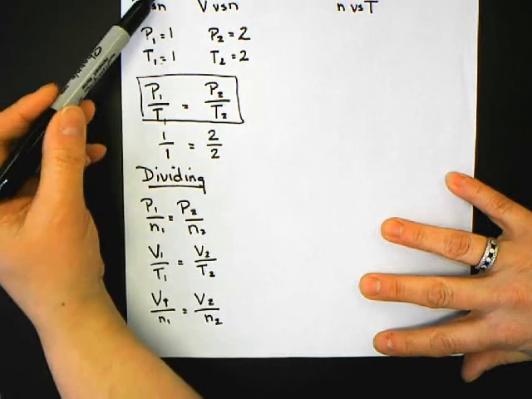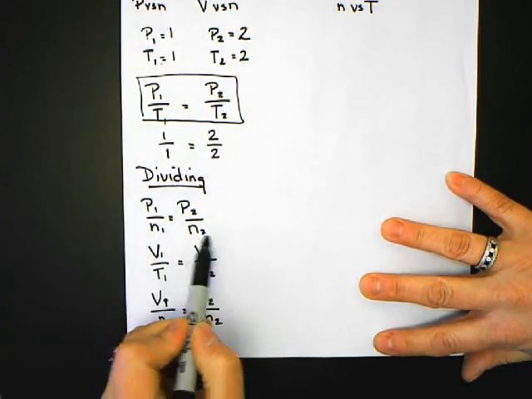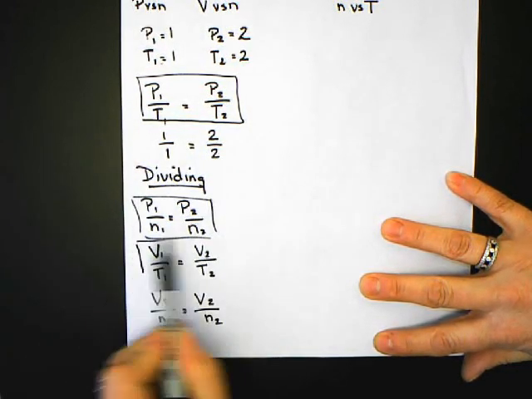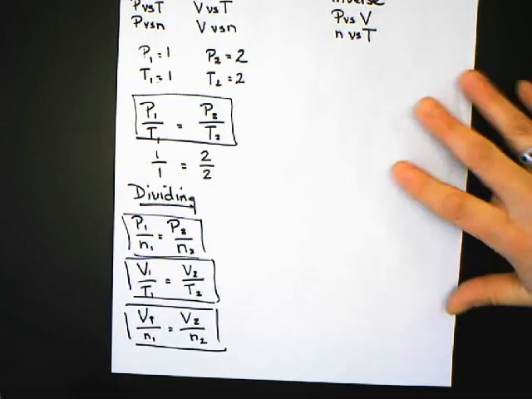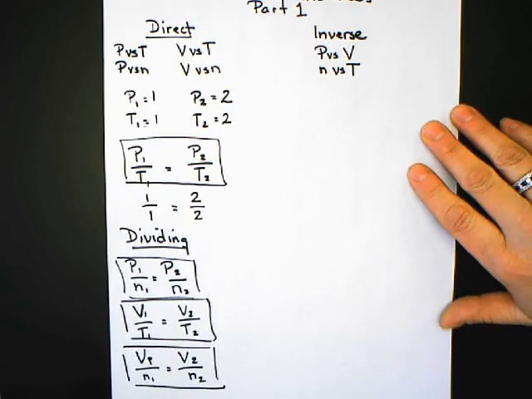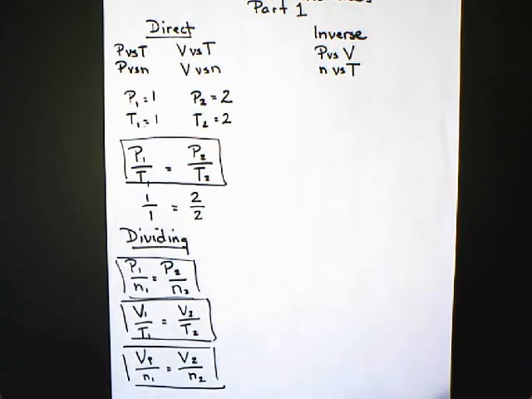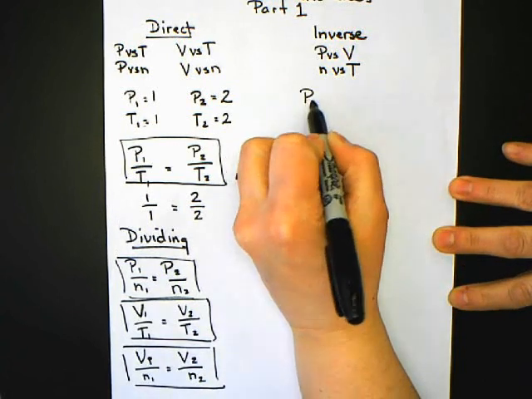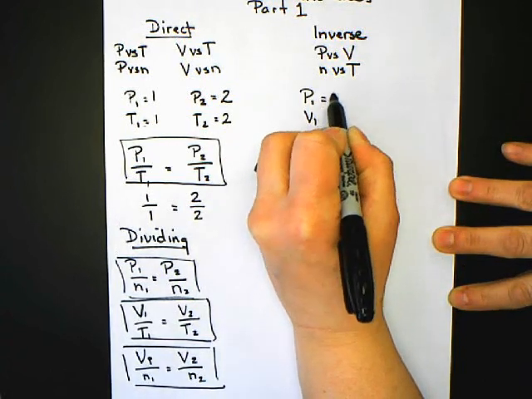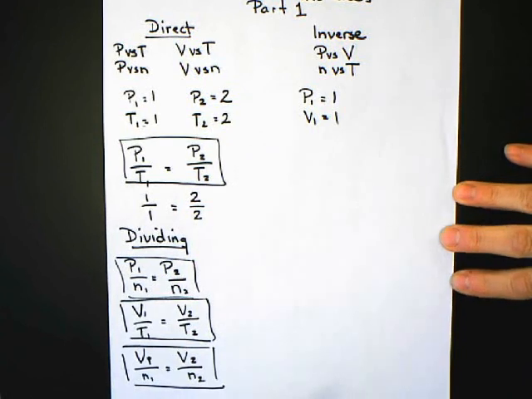We're going to do the same thing with the inverse relationships, pressure versus volume and moles versus temperature. So once again, let's do the befores and afters. So start out simple, leave pressure and volume both a value of 1 to start with. But now that it is an inverse relationship, if I double the pressure, what has to happen to the volume?